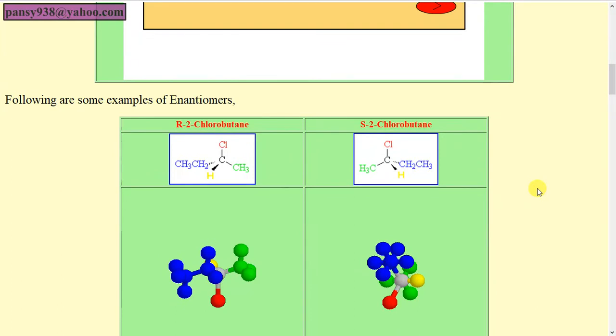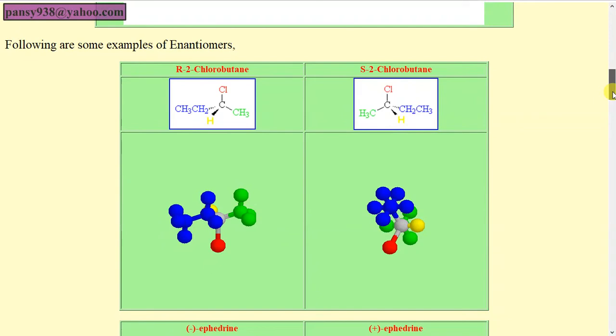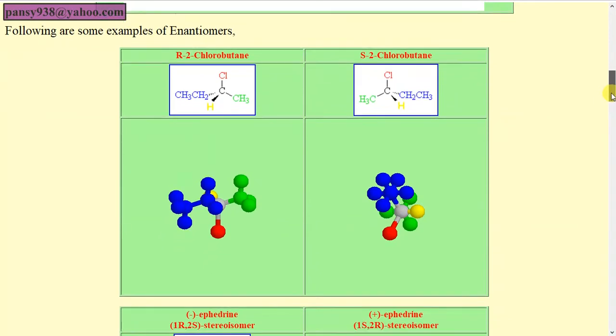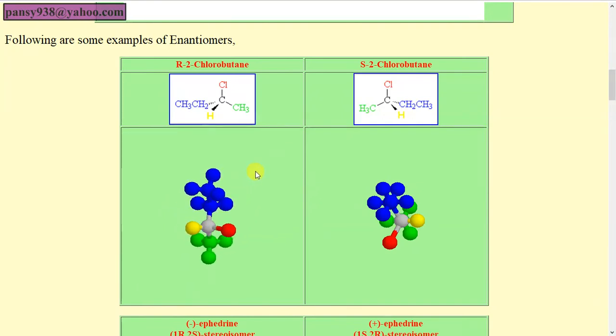In the same way, if we take an example of chlorobutane, there are two possible isomers of this compound. Obviously, we are talking about the optical isomers. You can see in the two-dimensional image, this carbon is a chiral carbon which is surrounded by four different groups.